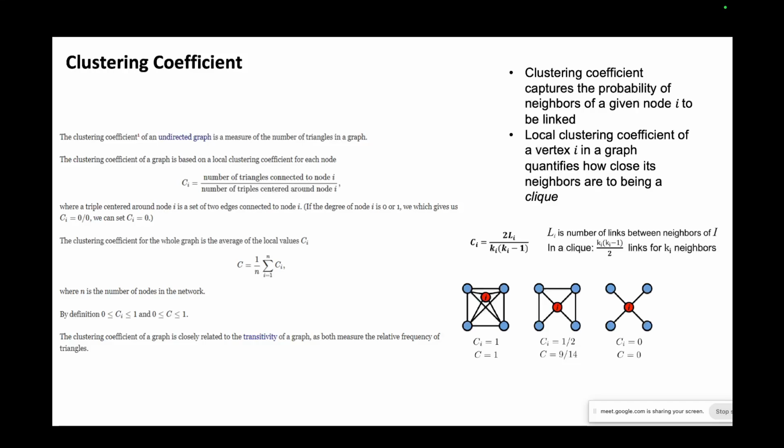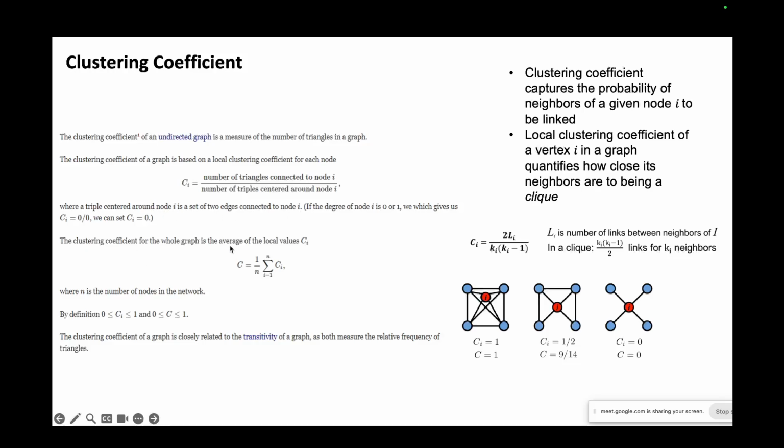The clustering coefficient is a measure of the number of these small triangles, and it is given by the number of triangles connected to node I divided by the number of triples centered around node I. A triple centered around node I is a set of two edges connected to node I.